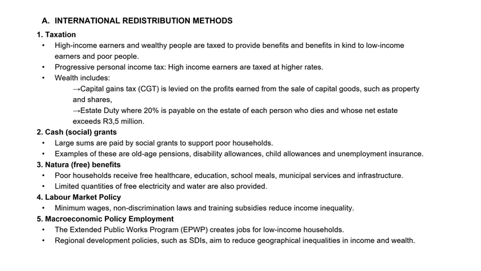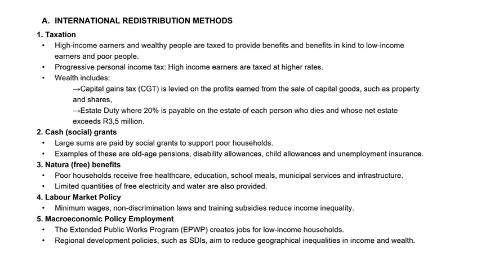So what happens is the tax is taken from the wealthy in order to make things available to the lower income earners. Progressive personal income tax, this is when high income earners are taxed at a higher rate. And that's the system of taxation we use in South Africa, the progressive income tax method.